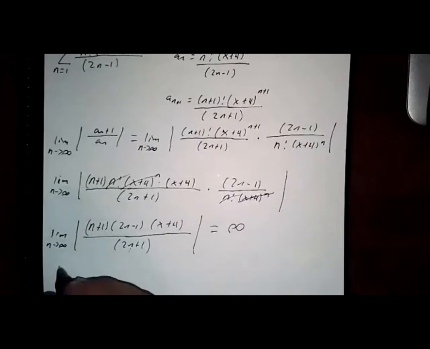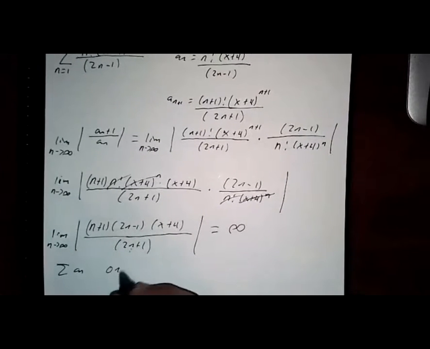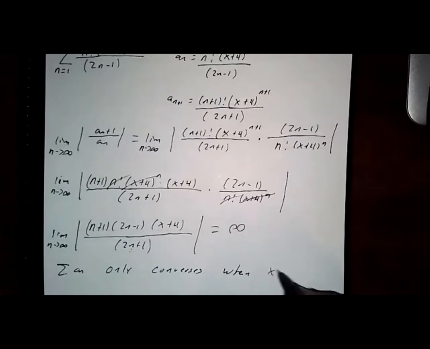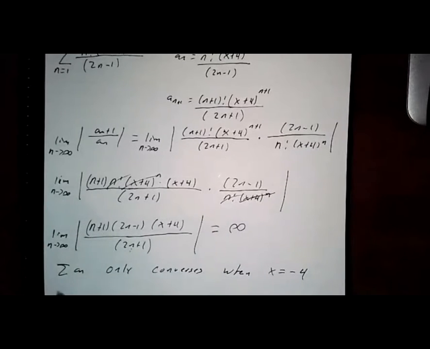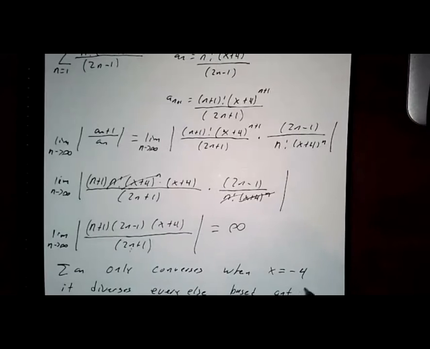So the series a sub n only converges when x equals negative 4. It diverges everywhere else based on the ratio test.